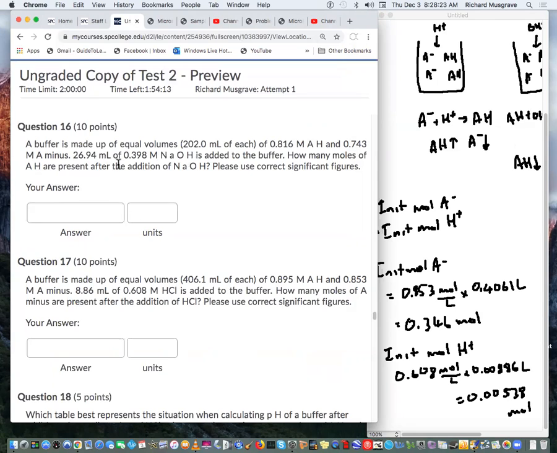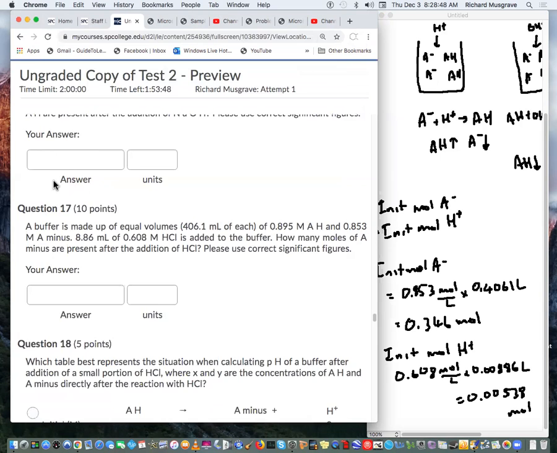So in this case, we do exactly the same thing. We find out the moles of NaOH and we find out the moles of AH here, and then we subtract because we know the AH is going to go down. So it's the same kind of story, just a little bit of a different setup. Is that okay, Alex? Yeah.